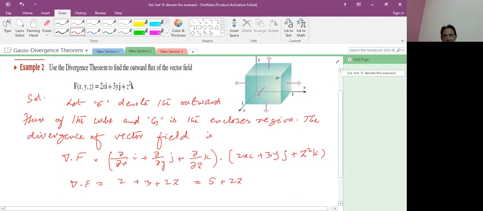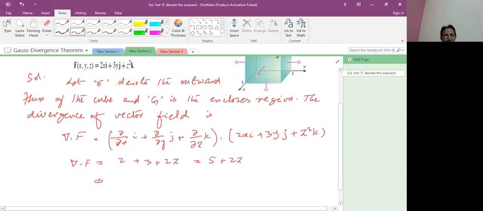So according to the definition, student, the outward flux represented by phi is equal to the double integral over sigma of f dot n ds, which is equal to the triple integral over G of del dot f dv.